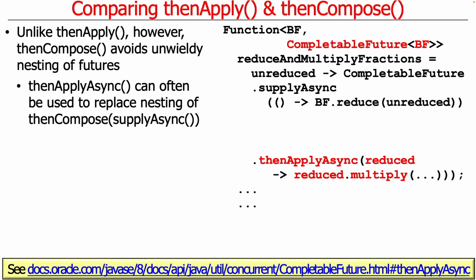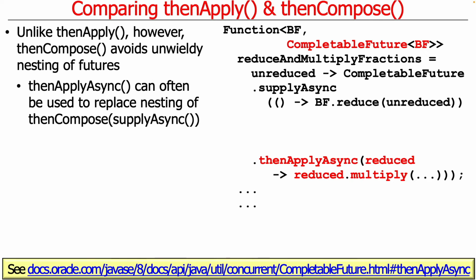Now, there's some other methods that are also important to know, and you'll need to know them for your programming assignment as well. The thenApplyAsync method can often be used to replace nesting of thenCompose with supplyAsync. So if you feel yourself tempted to use supplyAsync inside of thenCompose, you probably are better off using thenApplyAsync.